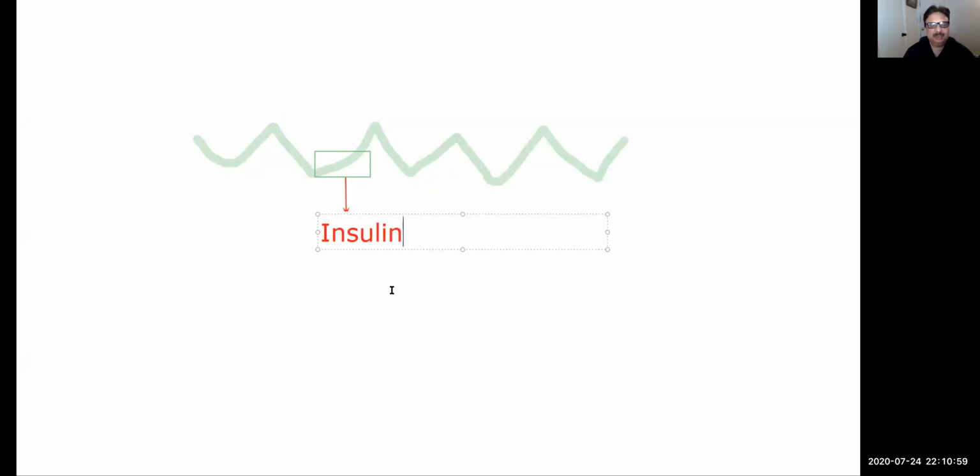So what scientists can do is cut this gene from here, and cut it from here, and take out the insulin gene. So let's say they take out the insulin gene from this portion, right?